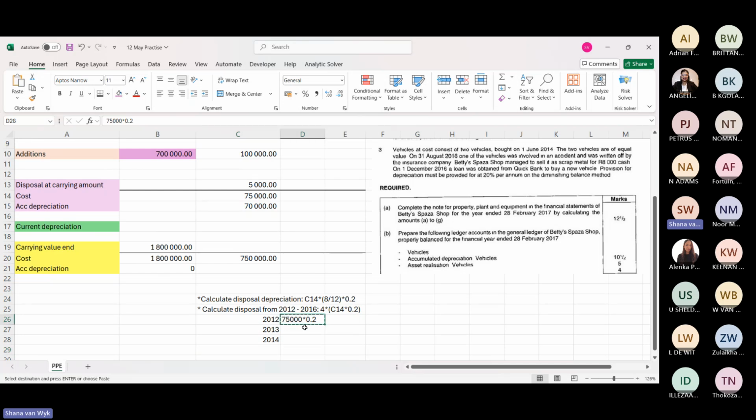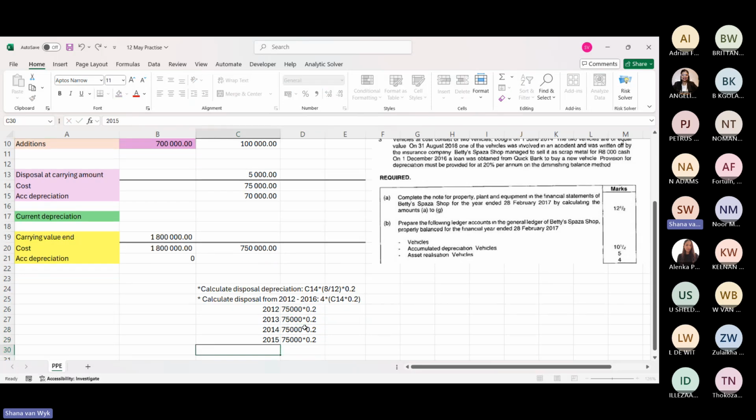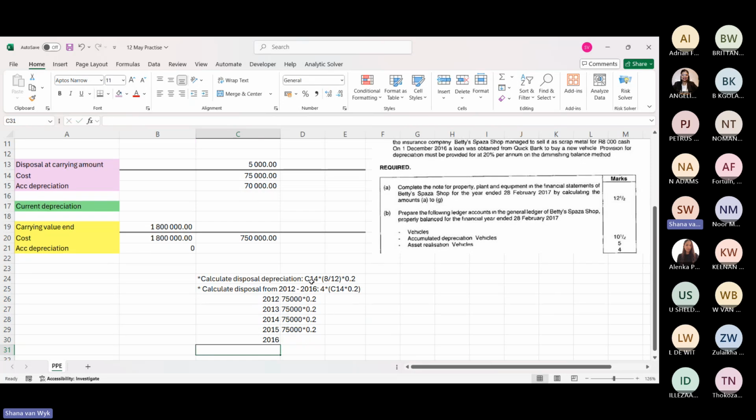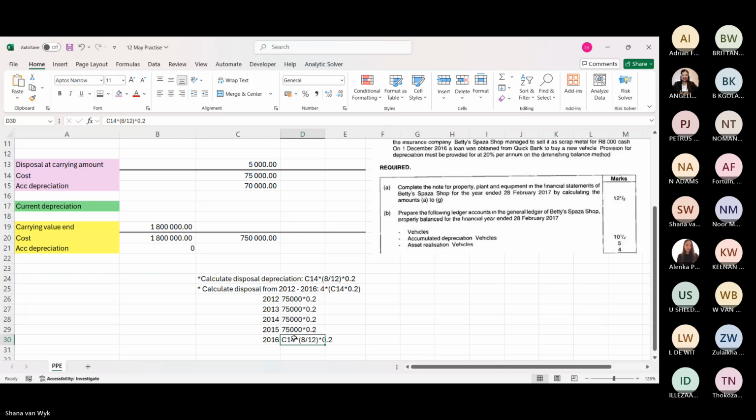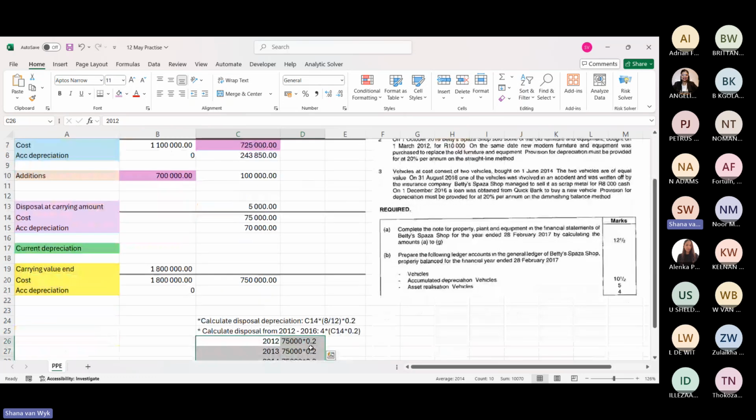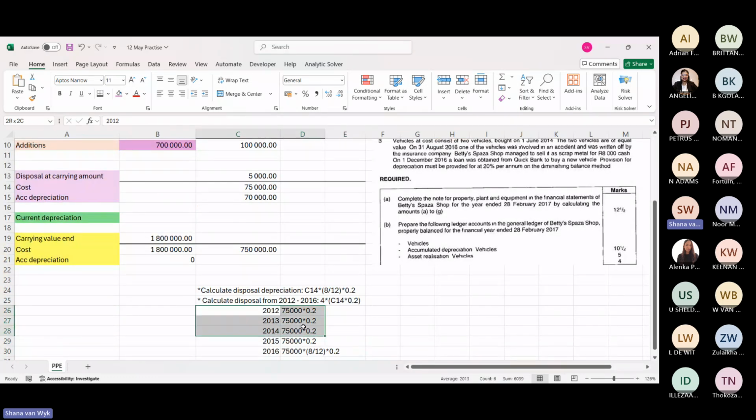And then we have 2013 the same, 2014 the same, 2015 the same. And then we have 2016 where we sold it on the 1st of October. So we're just gonna then times it by 8 over 12. Copy. Paste. Cool. Okay. And then when we add all of this, we get our accumulated depreciation.